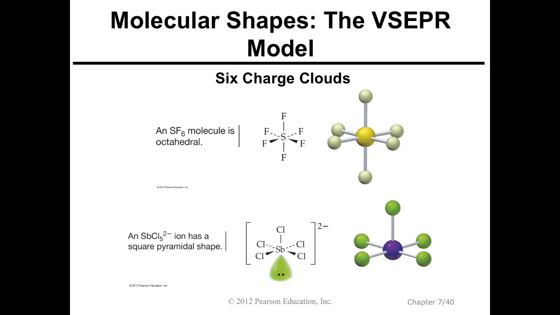And so this is one example. One way to think about it is you've got these four on the plane of the paper, and then maybe this one's coming out at you, that one's going behind. And so this is your AX6, where it's just an octahedral molecule.